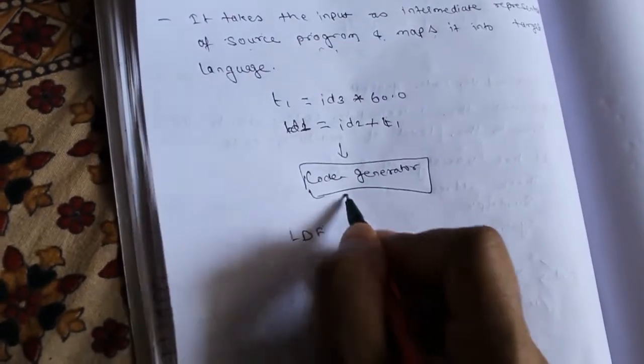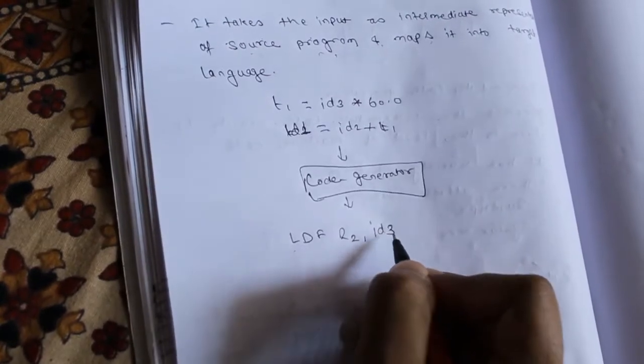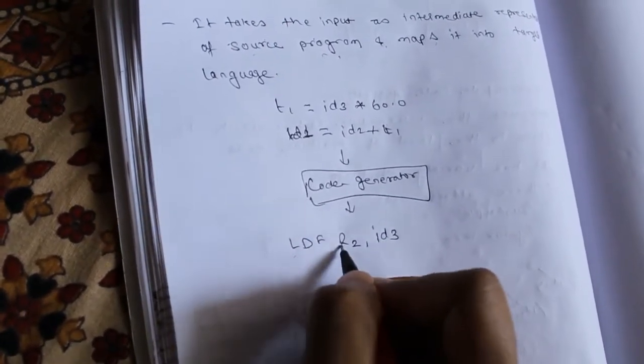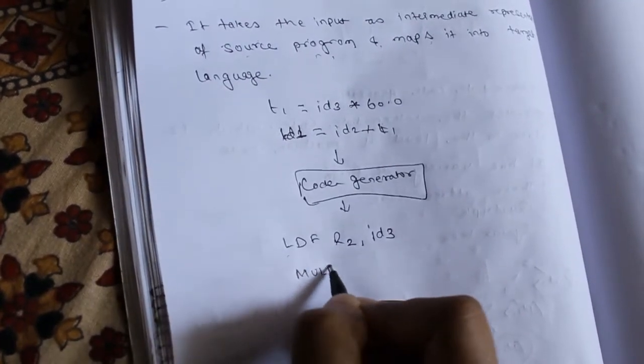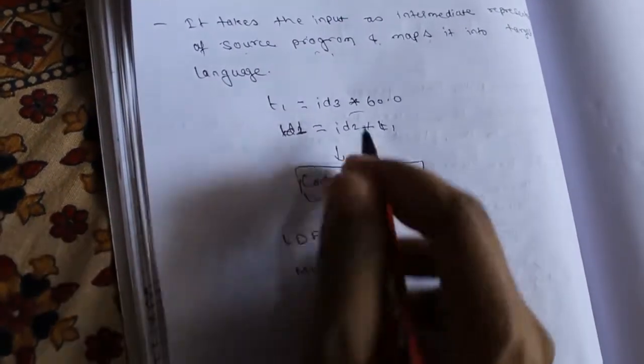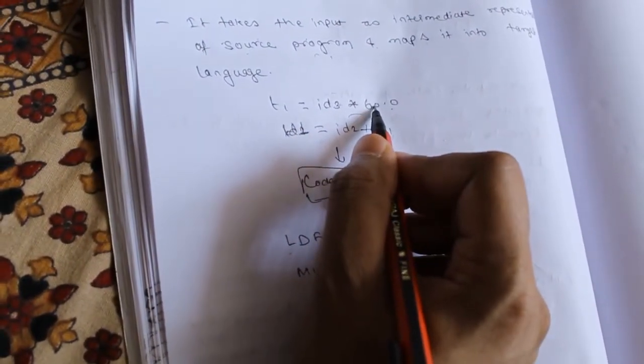Where we have to load. LDF means load function, where R2, id3. So we are loading the id3 into the R2, and we have the function of multiplication. So we have to multiply this id3 with the 60.